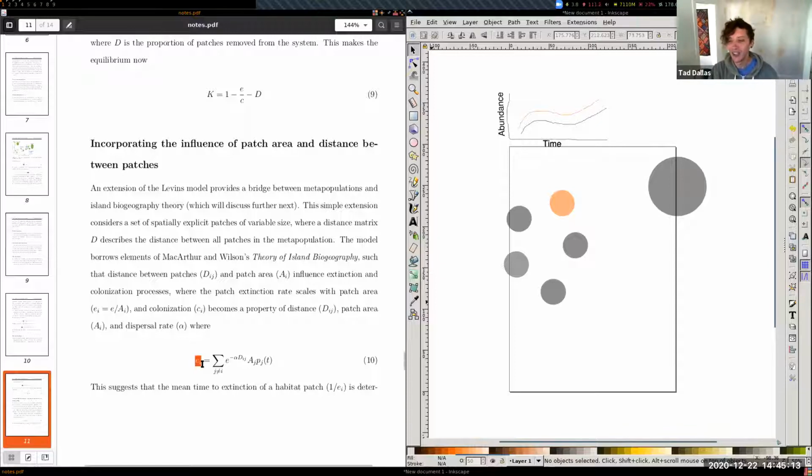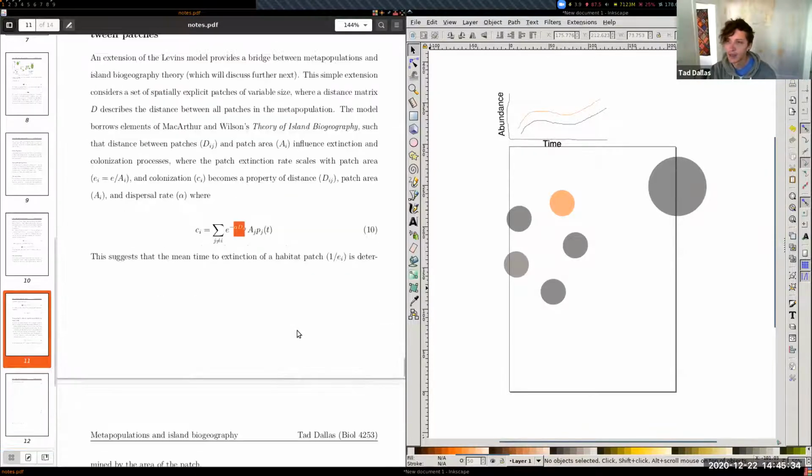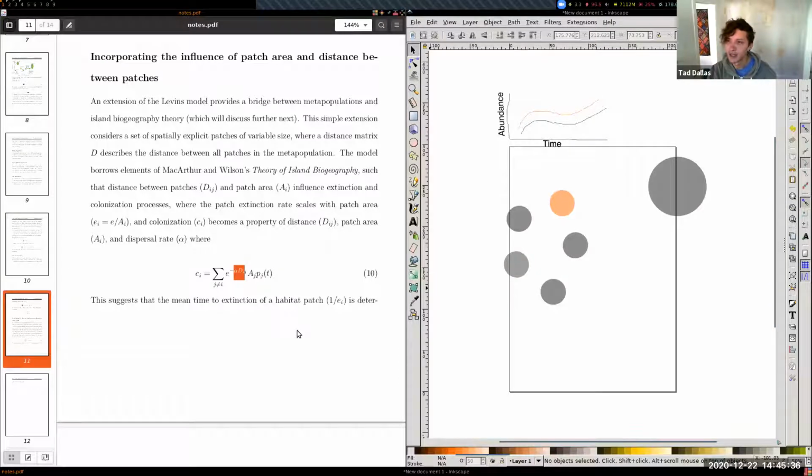All right, so the colonization rate of patch i is proportional to the sum of all of those connections going into it, where the connections are proportional to this negative exponential dispersal linkage, where we have alpha, which we defined as, I don't think it's defined there. I think it's patch, no, it's not patch area.